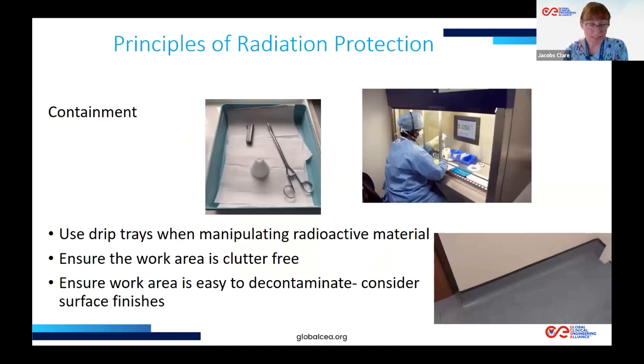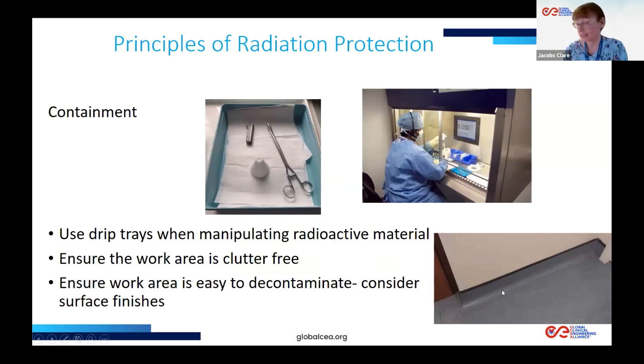Containment is important because we're dealing with radioactive liquids. The central image here is a picture of something we call a drip tray. We've got absorbent material on it, and this is to catch any radioactive spills, so it's contained. You've got to ensure that your work area is clutter-free as much as possible, so if you do have a spill, it's easy to decontaminate.